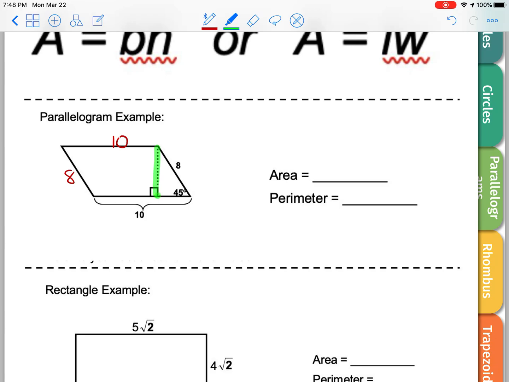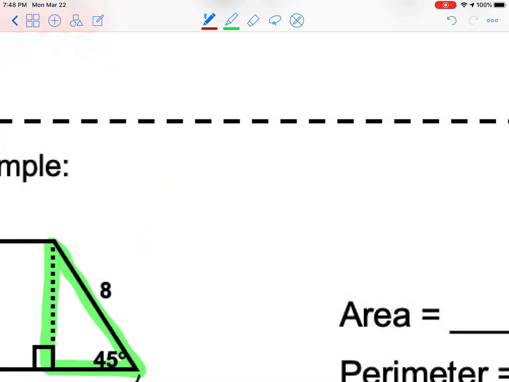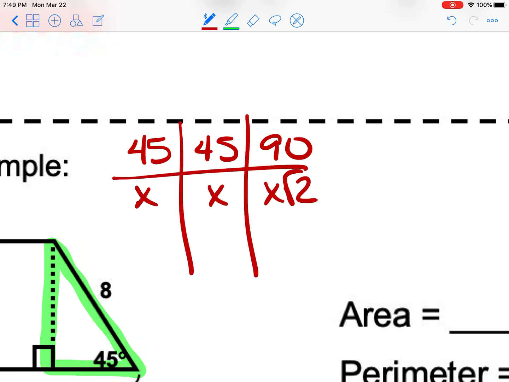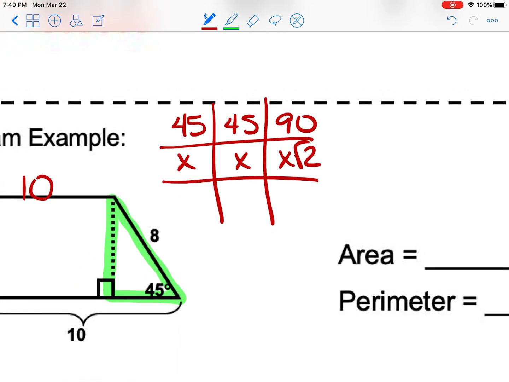Well, I see that 45-45-90 right triangle. And so let's go ahead and set up a little T-chart for it. We know that 8 is across from the right angle, so we know that it goes here.